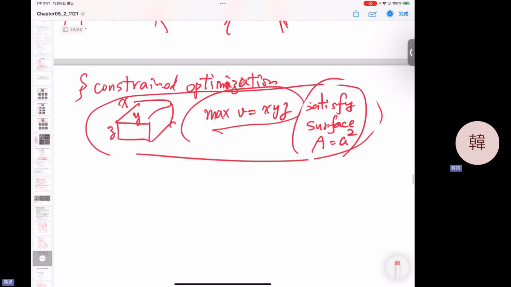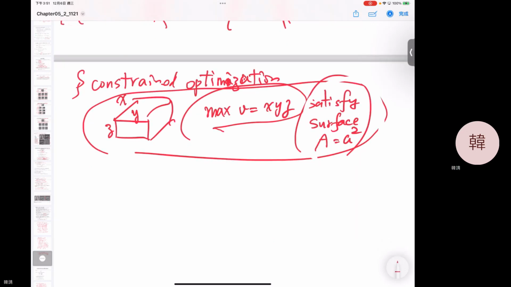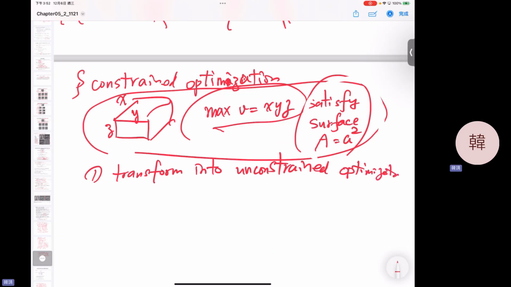Let's see the first approach: transform it into an unconstrained optimization problem.